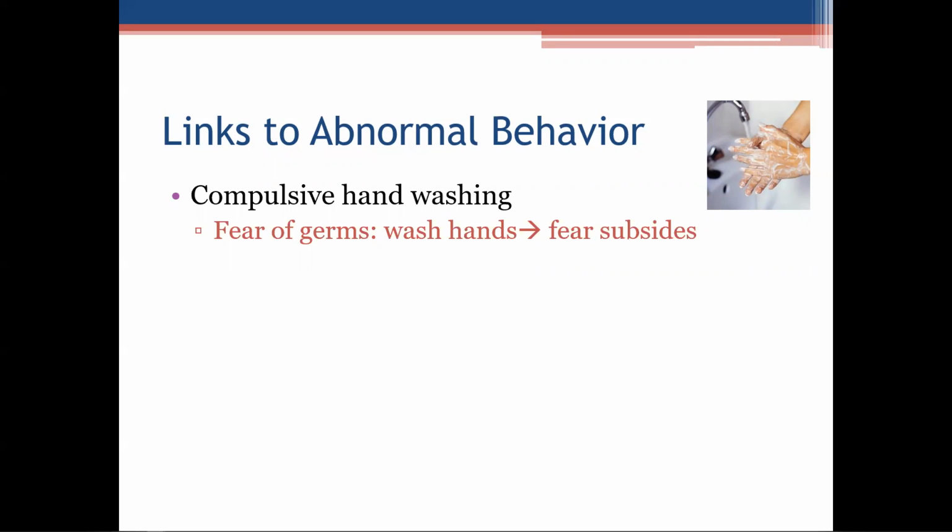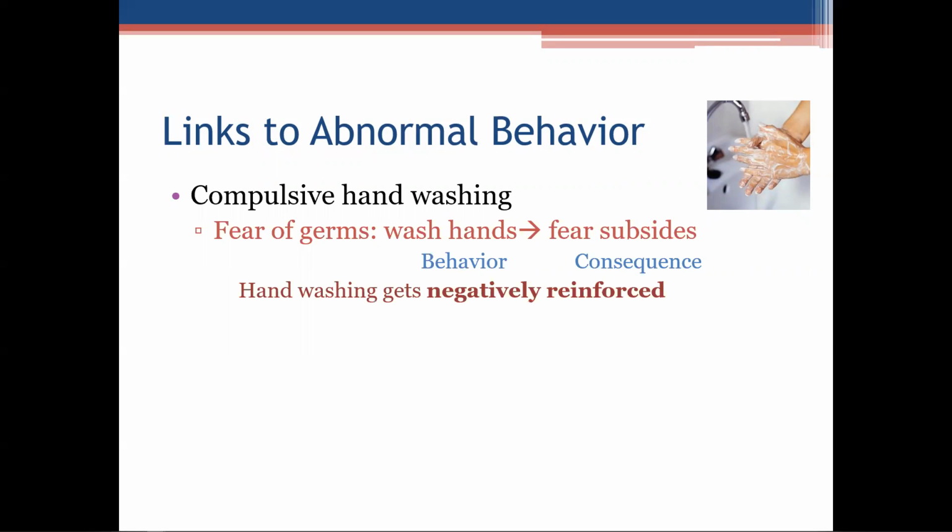So in this case, hand washing increases, so it's reinforcement, but it's because you're removing a particular fear of contamination or germs. Essentially what's happening here is a negative reinforcement procedure. The behavior is washing the hands and the consequence is the fear being removed. So here, hand washing gets negatively reinforced.